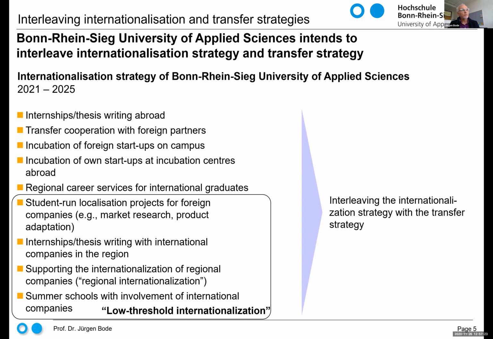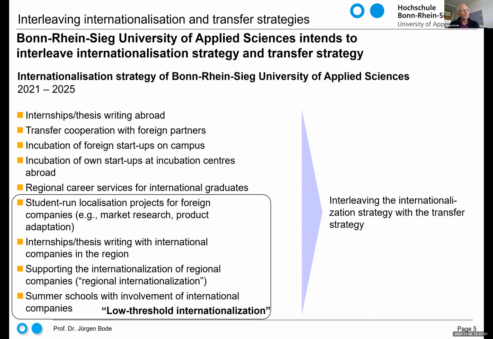Because when we look at the traditional methods of internationalization, for instance, an exchange semester abroad, it is only roughly 10% of our students who take this opportunity. So 90% of our students are physically not mobile, and they fail to enjoy the benefits of our internationalization programs.